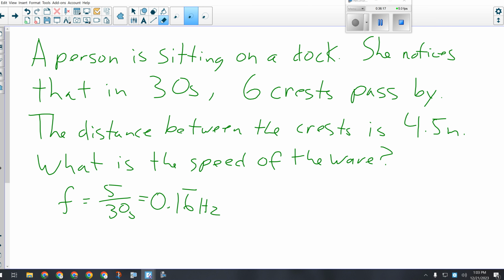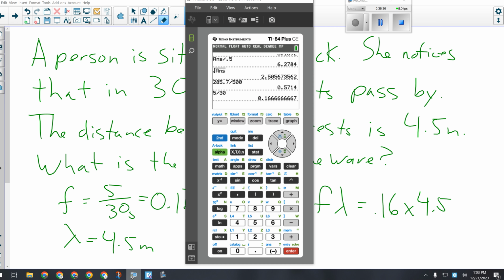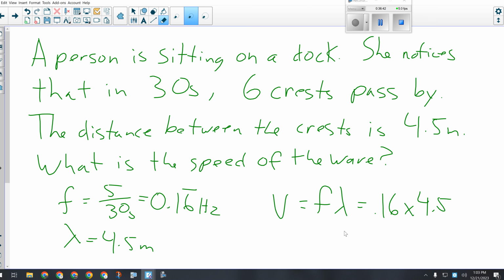Wavelength. The distance between any two equal parts of a wave is the wavelength, so the wavelength is 4.5 meters. I know frequency and wavelength, so V equals F times lambda. I take my 0.16 repeating and multiply that by 4.5 meters, and I've got meters per second. So 0.75 meters per second would be the speed of the waves.